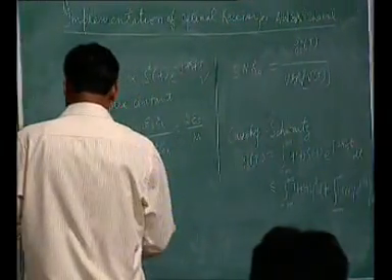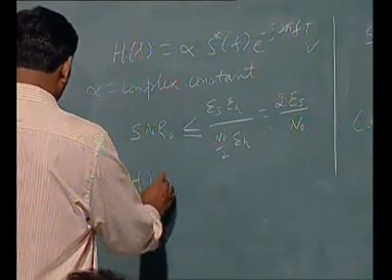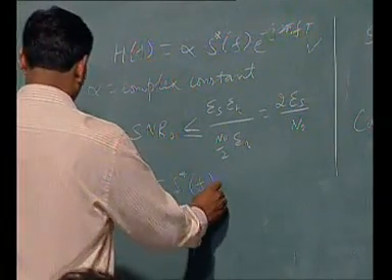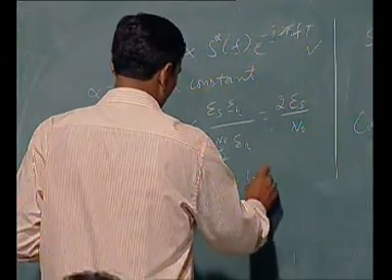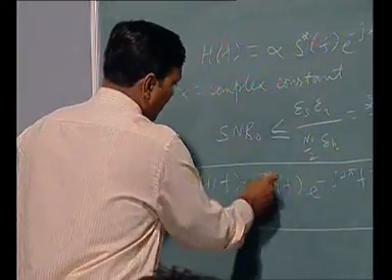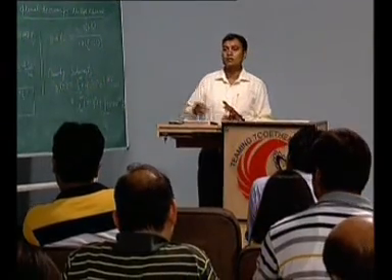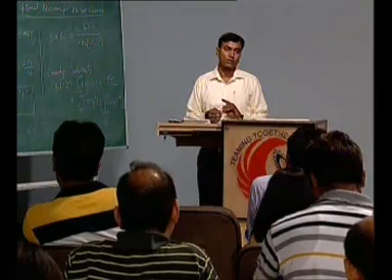So, this filter maximizes the signal to noise ratio at the output, and it must satisfy a condition. What is this condition? Can you recall it? The matched filter equation. In the time domain, you will find this to be the matched filter equation. So, this is the matched filter, or the property of the matched filter, which says that it maximizes the signal to noise ratio at the output of the matched filter.